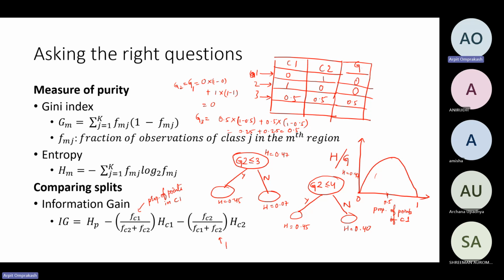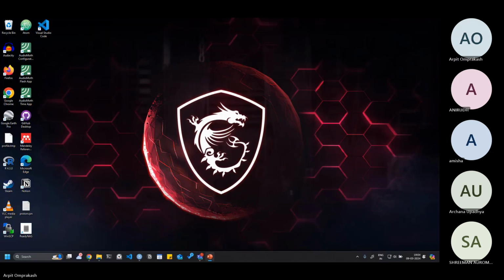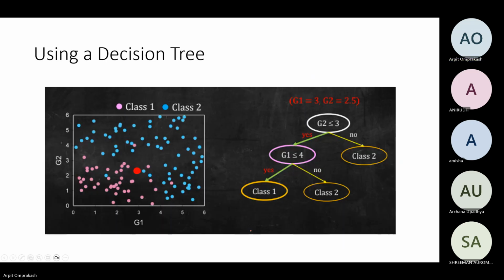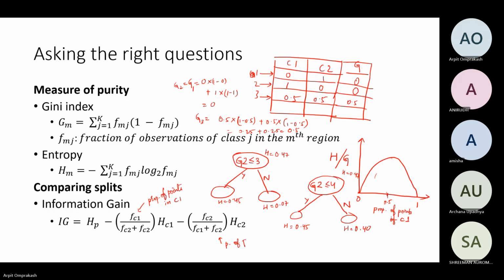And for child 2, this is basically the proportion of points in child 2.